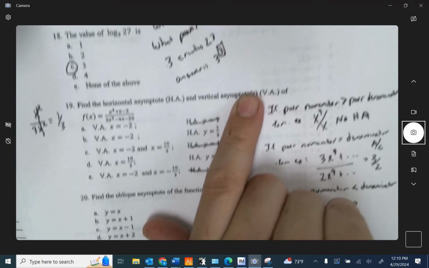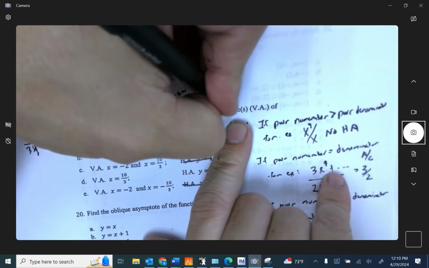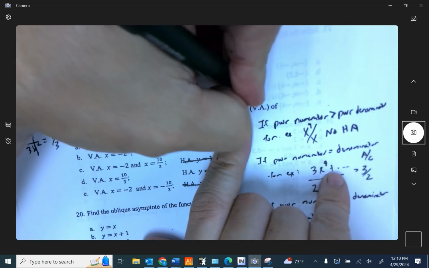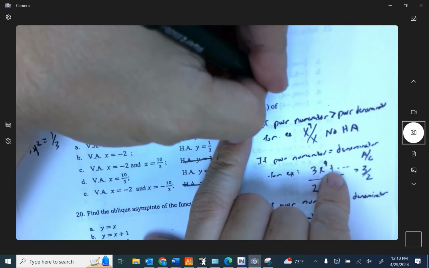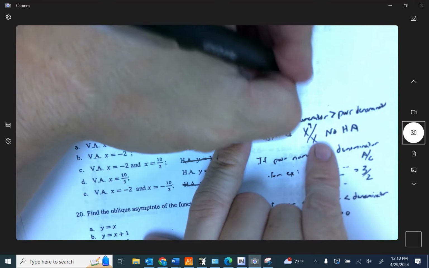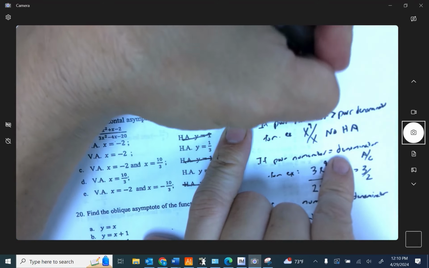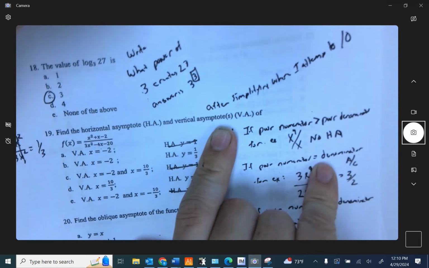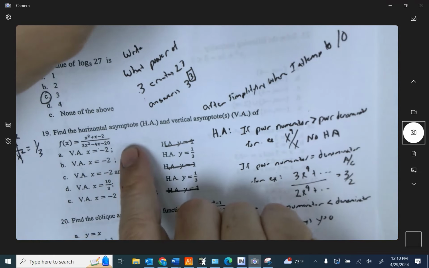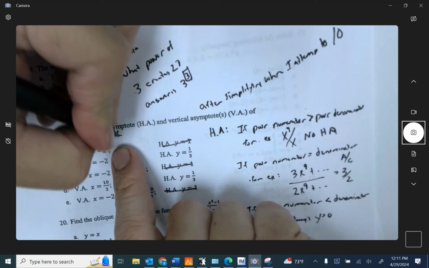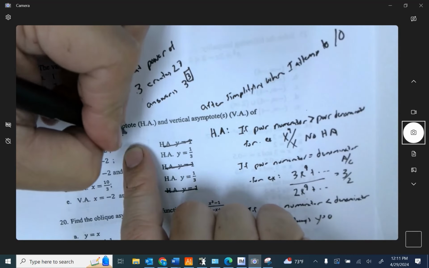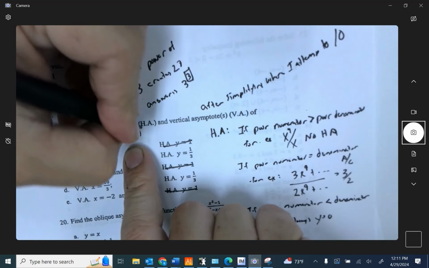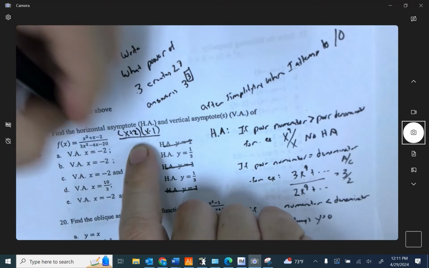Now the vertical asymptotes happen after simplifying, where I attempt to divide by 0. So this thing probably factors. We got a -2 and a +1, so x plus 2, x minus 1.